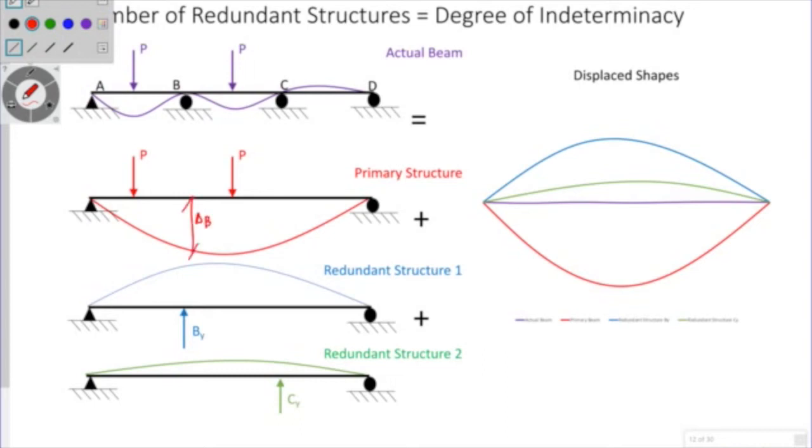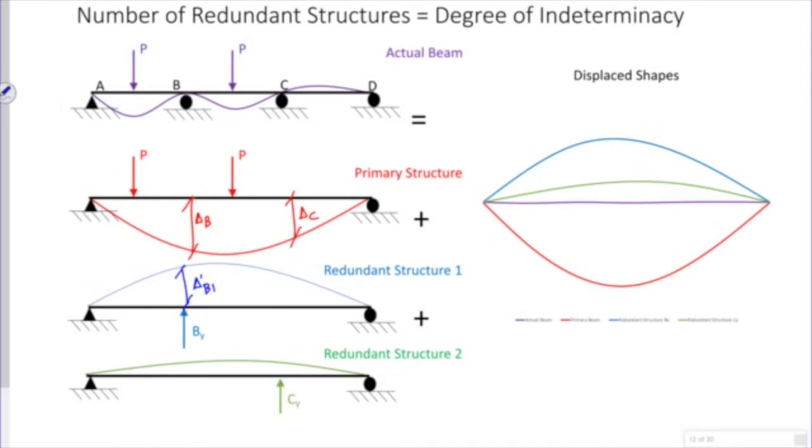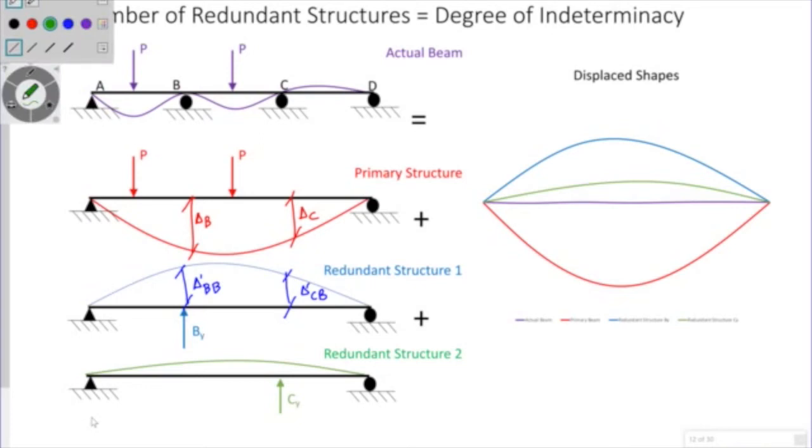In my primary structure, I have a displacement at B and a displacement at C. In my redundant structure, I have a displacement at B due to that force at B, but I also have a displacement at C due to that force at B. In my second redundant structure, I have a displacement at B due to the force at C, and a displacement at C due to the force at C.